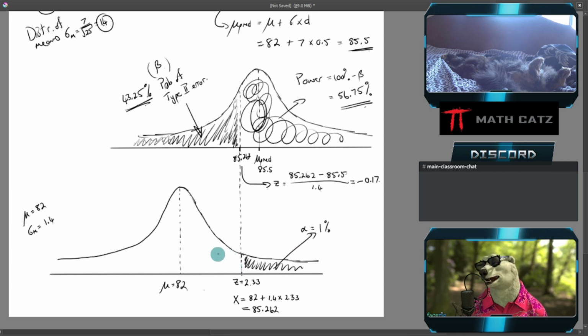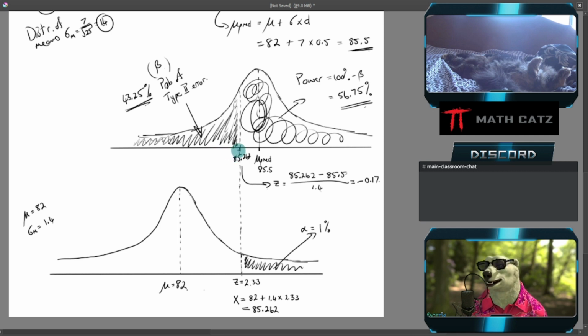If, however, the null hypothesis is not true, it's somewhere else, not centered at 82. It's over here. What would be the wrong conclusion then? The wrong conclusion would be not rejecting the null hypothesis when there has been a change, but I don't make that conclusion.